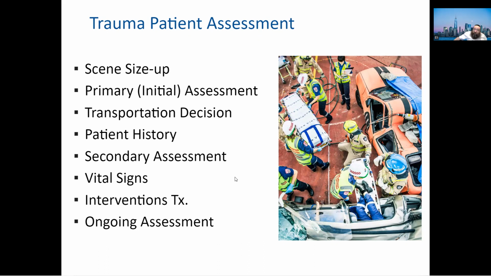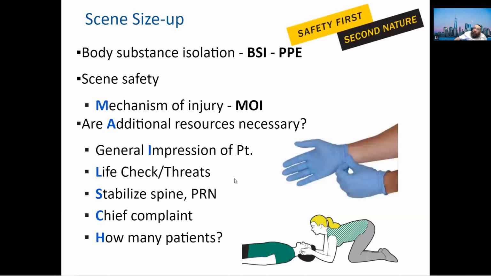We will practice these many, many times during skill nights. But first, you need to get the understanding of what you're doing. We start everything with scene size up, BSI, if you want to call it PPE. We've discussed this already. So your safety, remember, is number one.